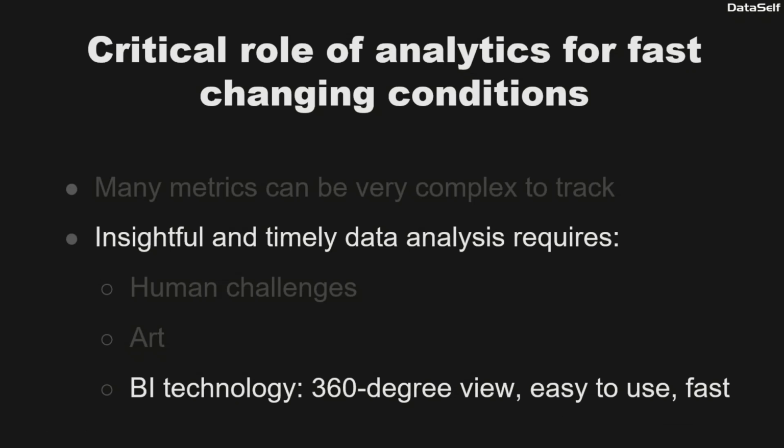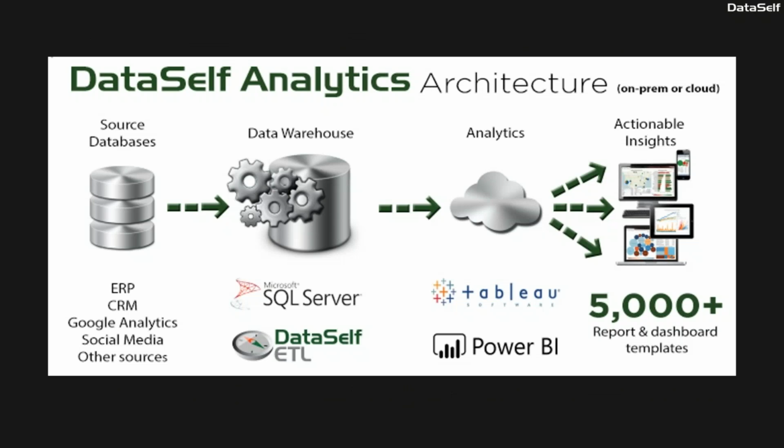So this is a little introduction overall of major concepts around critical metrics for sales and how analytics can help. I'm going to switch now and talk specifically about DataSelf and how we help salespeople be more efficient. This is a high-level slide to understand how the technology works.